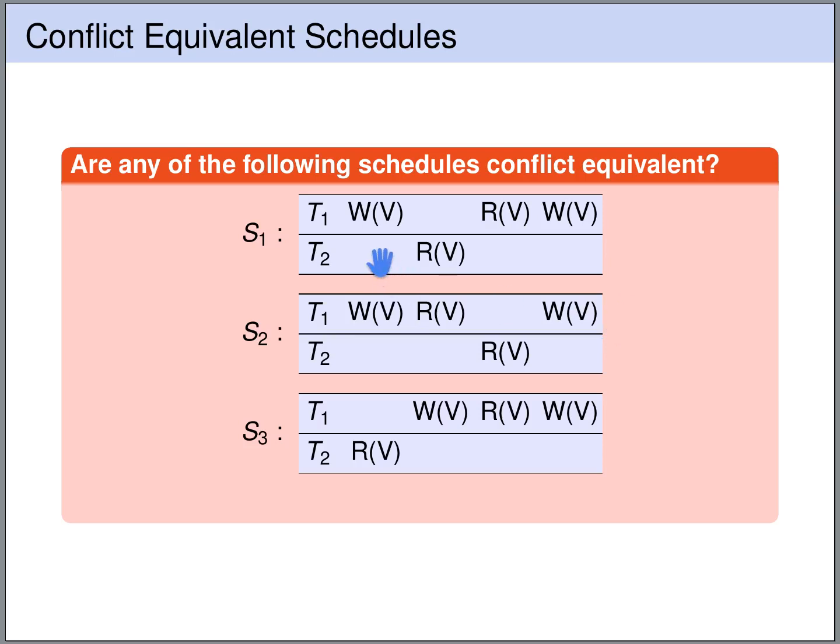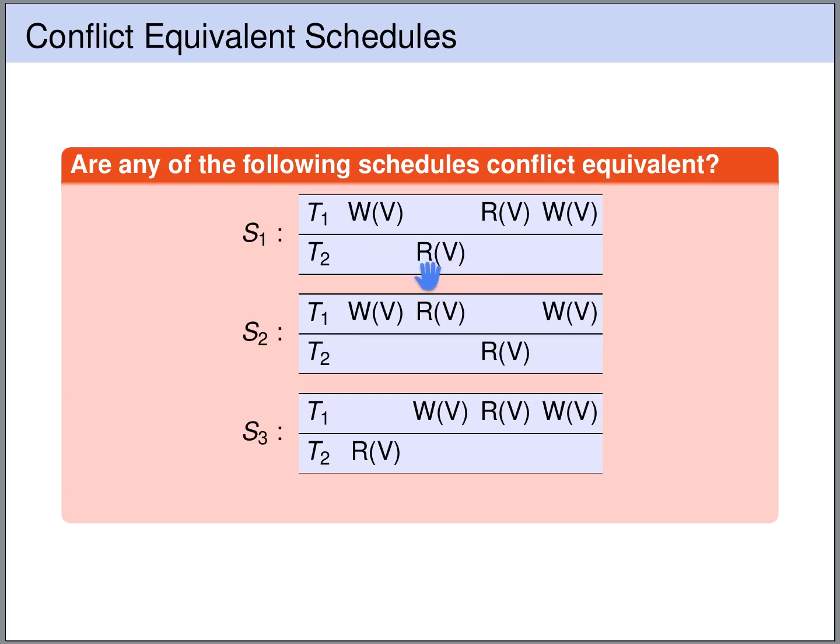Can we also transform S1 into S3? In order to do so, we would need to swap the write of v with the read of v. However, they are conflicting, they concern the same object, one of them is a write, so we are not allowed to swap them.